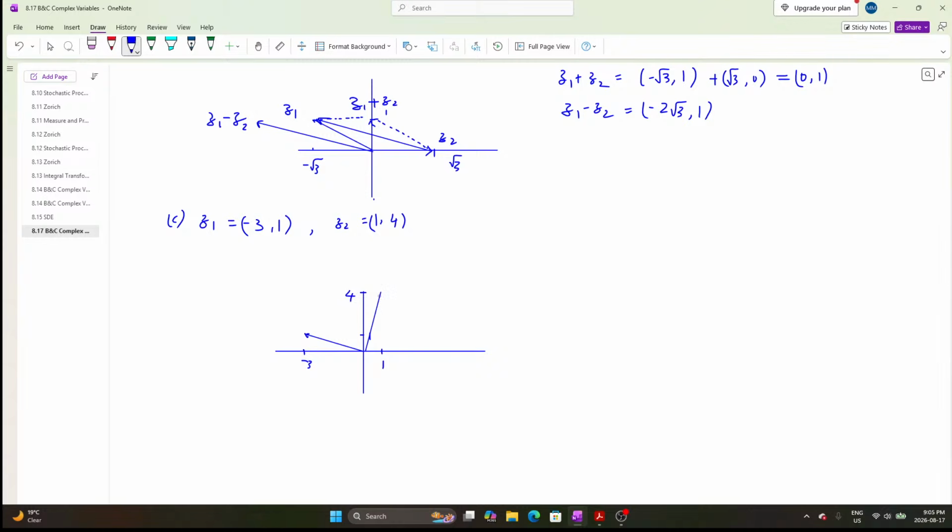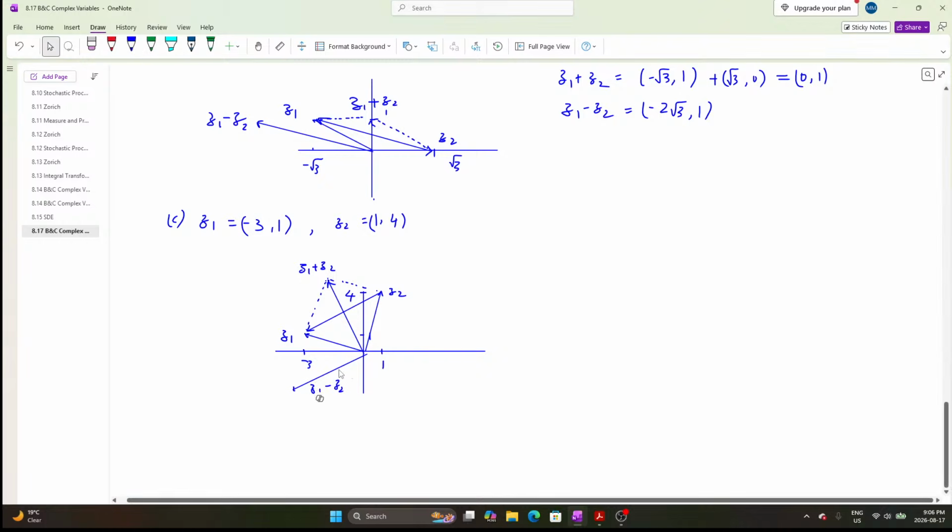Okay, so let's use the parallelogram law to form the sum. So this is the sum Z1 plus Z2, and this is the difference, Z1 minus Z2. Translate the starting point of the vector to the origin. Okay, this looks way off, so yeah.